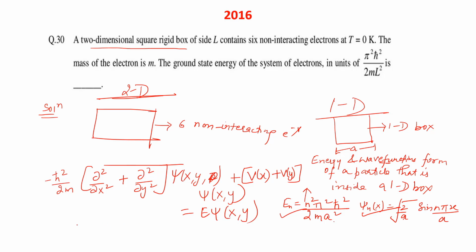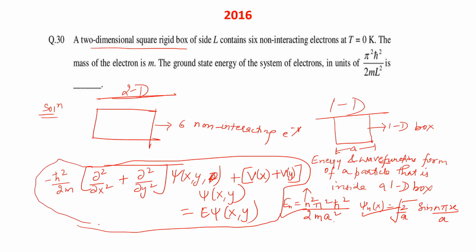So this is the general form of the Schrodinger equation for a 2D system. Now we solve this equation in the same way as we solve for a one-dimensional system. So what will we get?